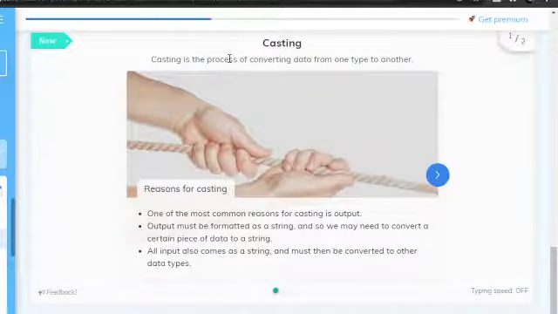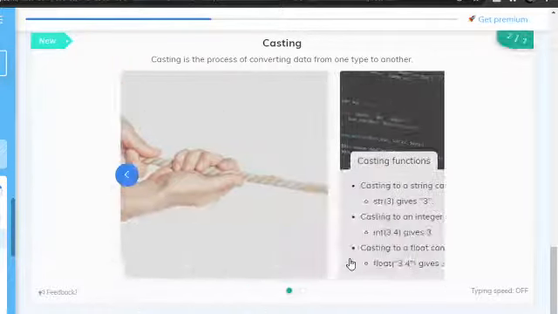Casting. Casting is the process of converting data from one type to another. One of the main reasons for casting would be output. Outputs must be formatted as strings, so you may need to convert certain things such as Boolean into strings. All inputs also come as strings that must be converted to other data types.